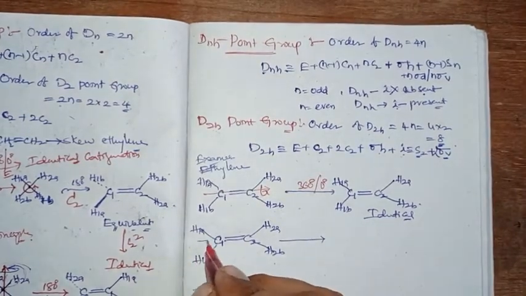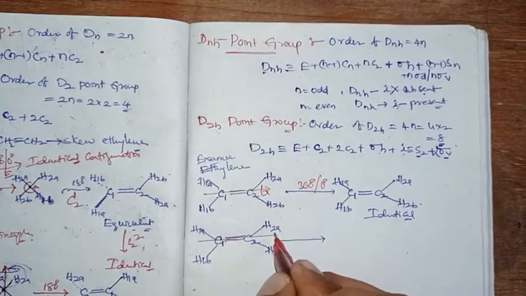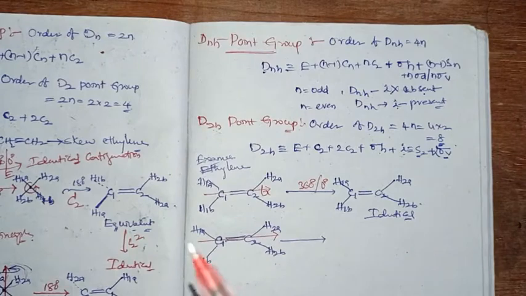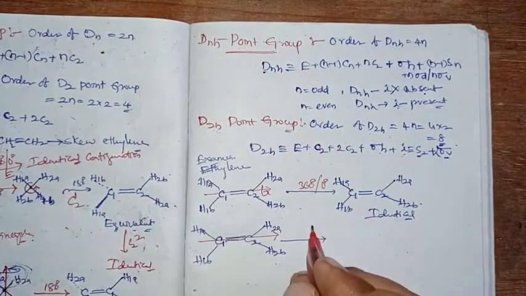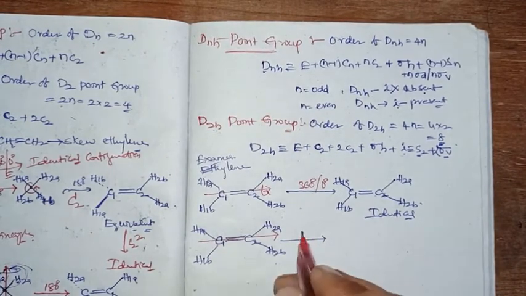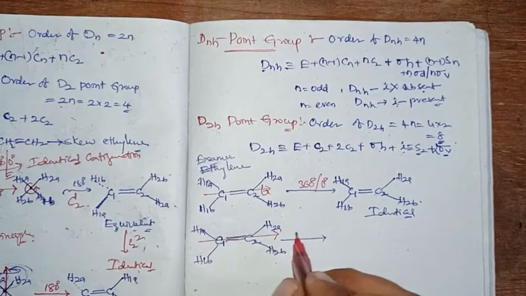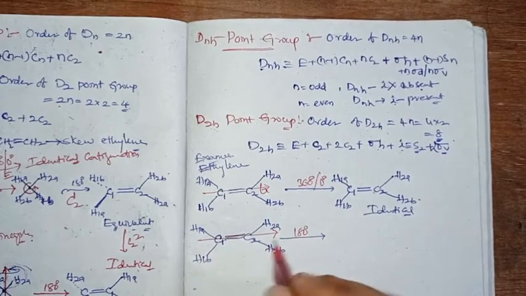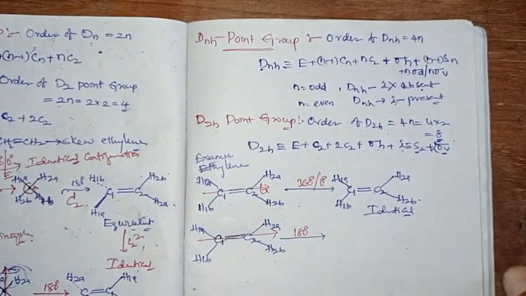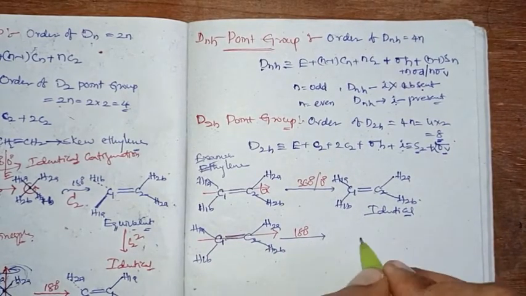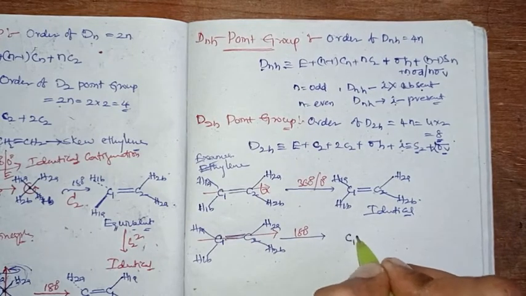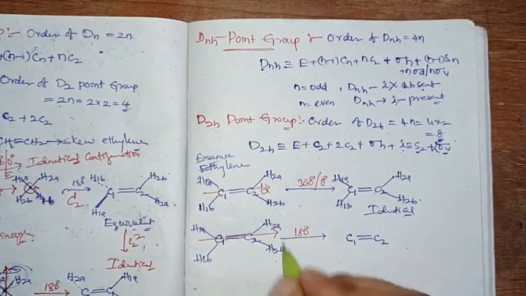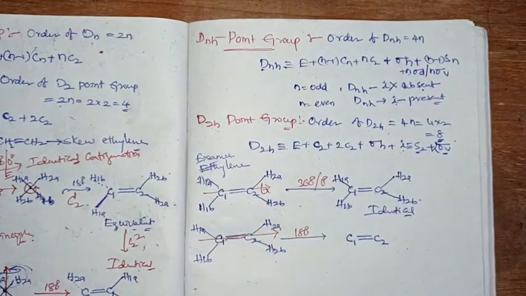This particular ethylene was already discussed under rotational axes of symmetry, where we said that there are 3 rotational axes in the ethylene molecule. One axis is passing through the carbon-carbon double bond and having 180 degrees of rotation, where the carbon positions get retained but the hydrogen positions get exchanged, right?